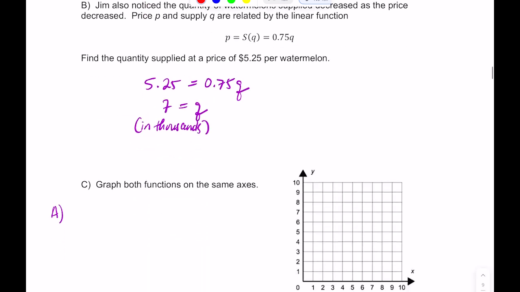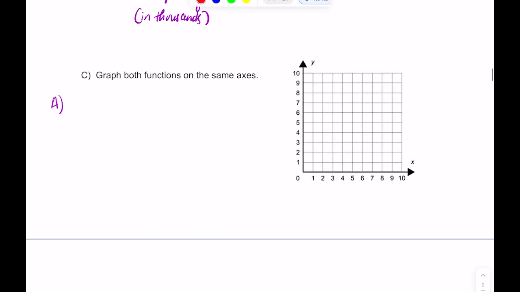So we need at least 2 points to graph that. We know, of course, it's going to come out to a line because it's a linear function. So let's say I make this time the price 3.75, and I'm going to set it equal to 9 minus 0.75 Q. And then I'm going to eventually find that Q equals 7. So now I have these 2 points I can use to graph it.